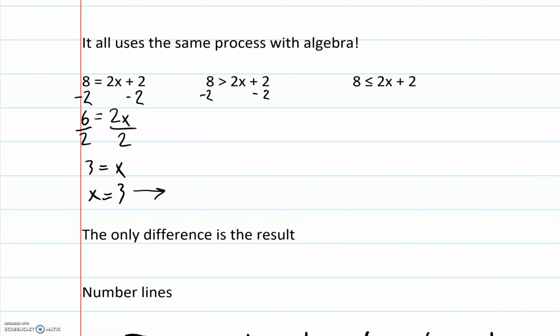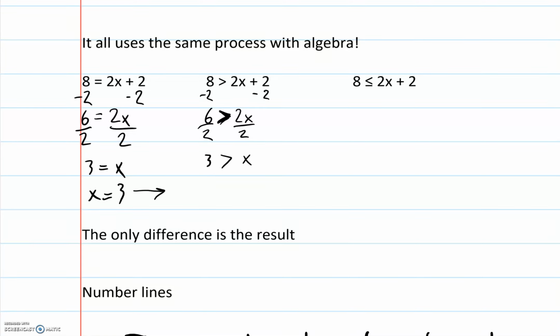So minus 2, 6, but we have to keep this sign, instead of equal, we have to keep it greater than. So 2x, divide by 2, 3 is greater than x.